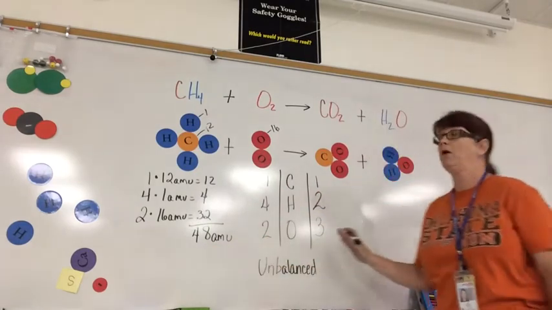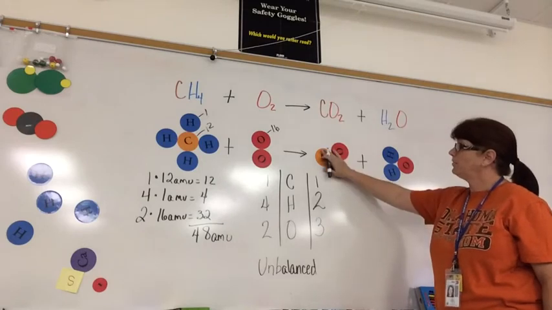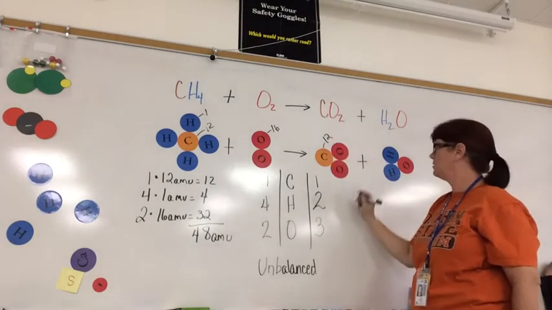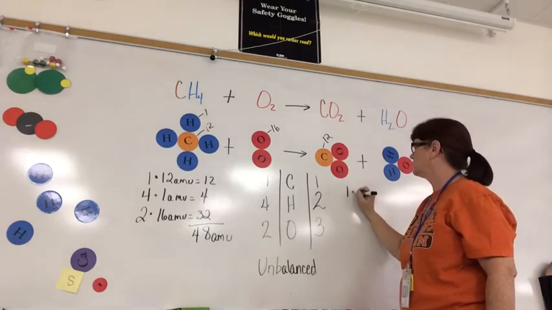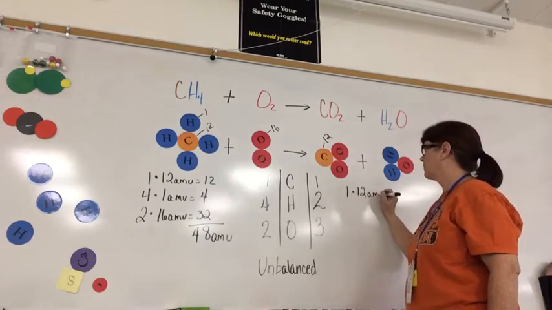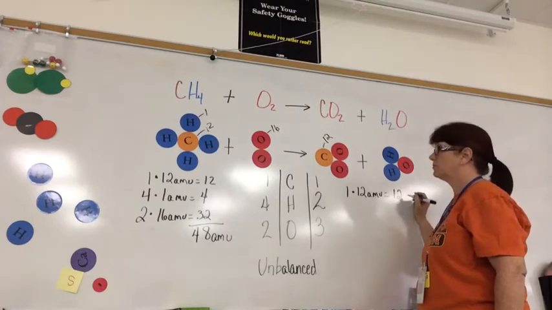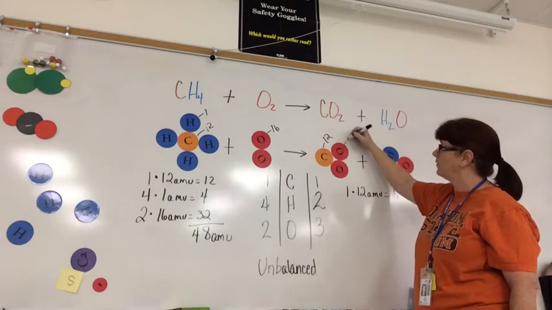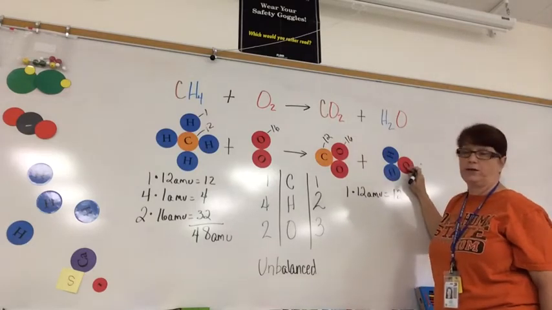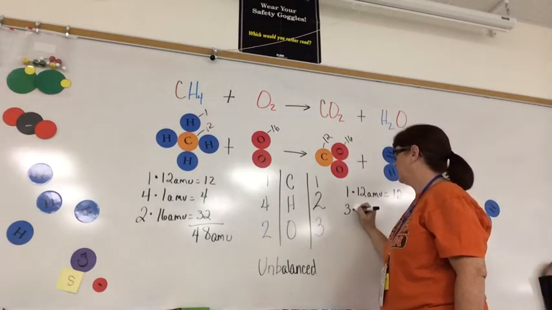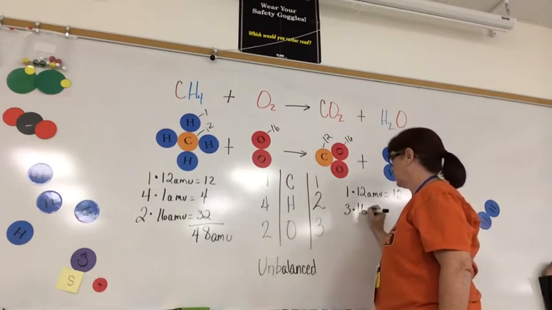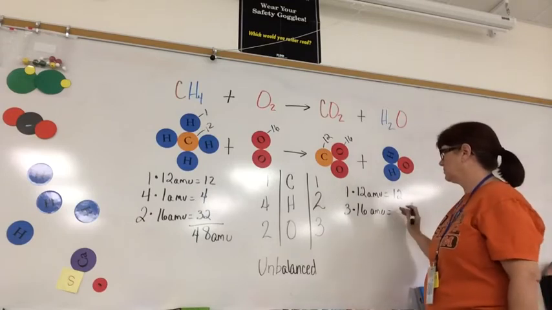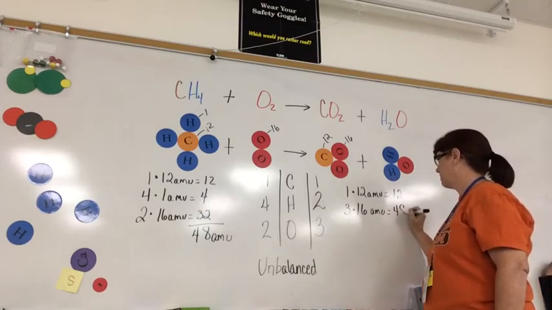Let's see what we have on our product side. Over here again, I have a carbon, which is 12, and I have 1, so 1 times 12 equals 12. I have 2 oxygens here at 16, but I have a third one here, so now I have to do 3 times 16, which is 48.